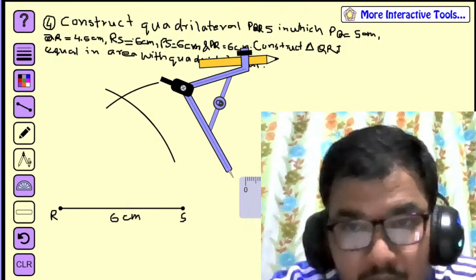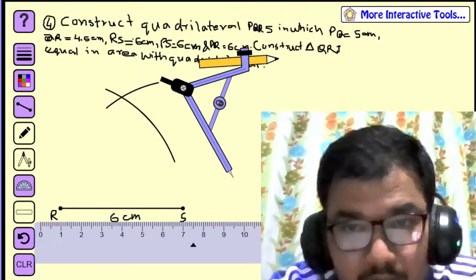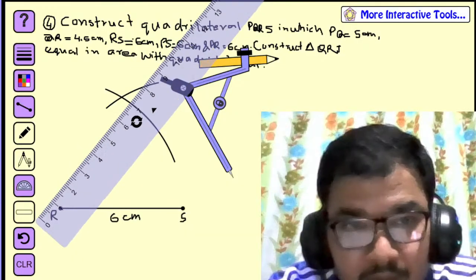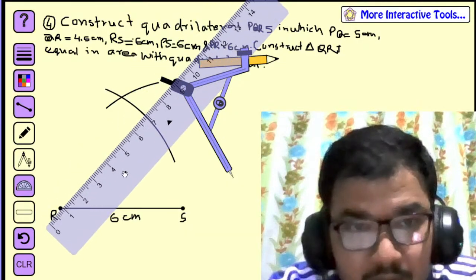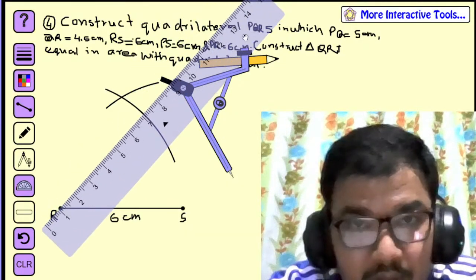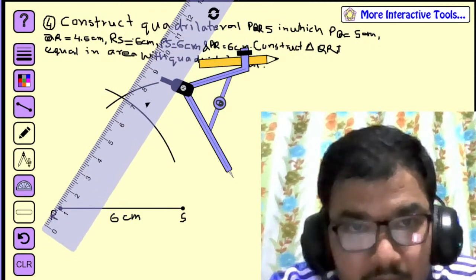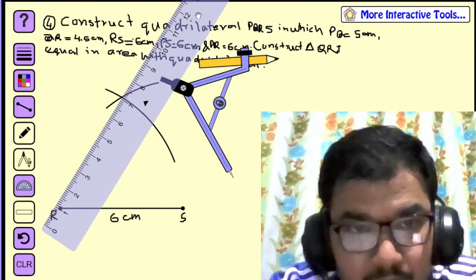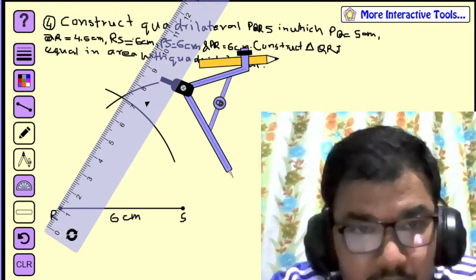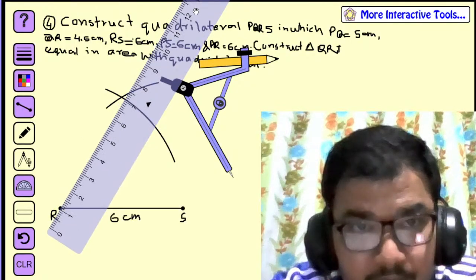Now let's join this one. Put here ruler, and like this put ruler, and like this.